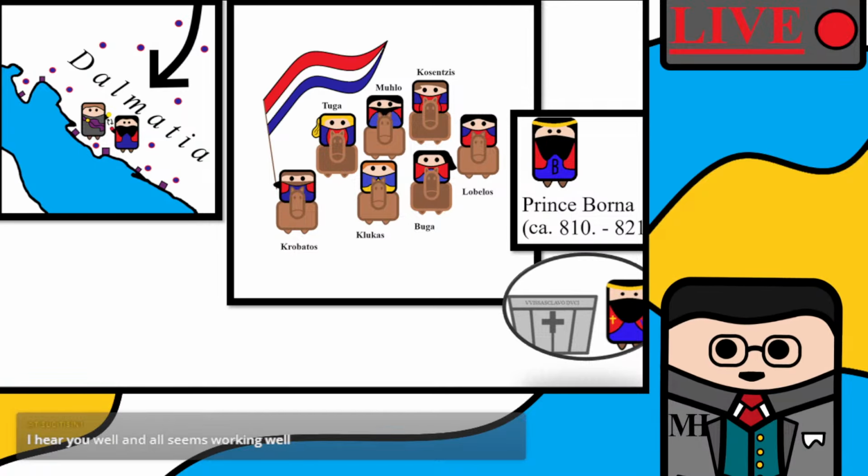Now some assume that this Arhont Porga could have been Prince Borna from the early 9th century. But that also doesn't really gel as a story, because we do have evidence of earlier baptism, earlier Christianization, mainly due to Prince Vysheslav's baptismal font, which is from the mid to late 8th century, indicating 8th century baptism instead of 9th century baptism.